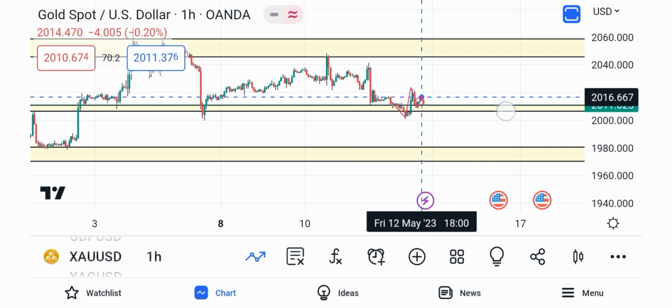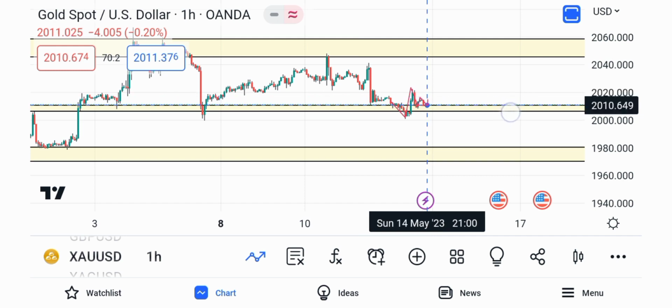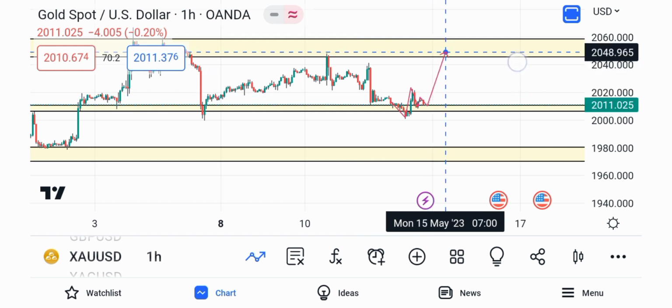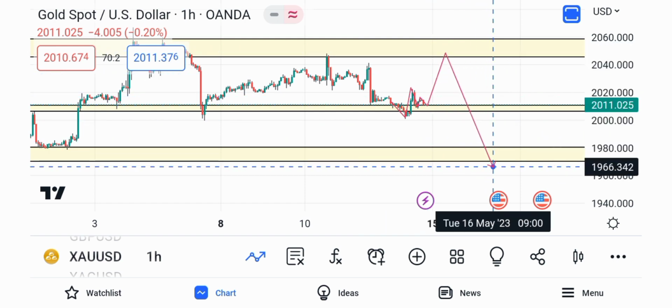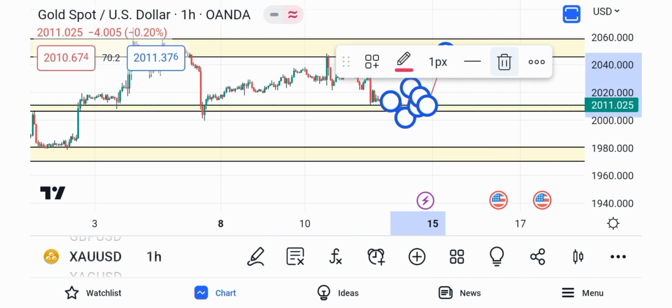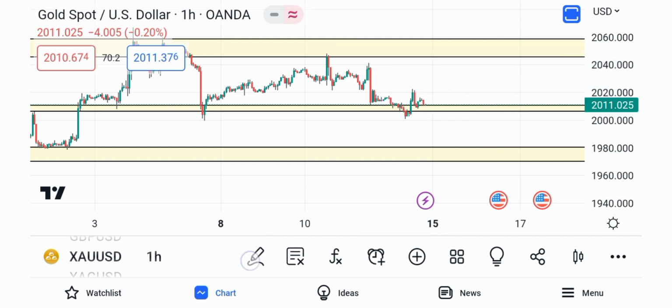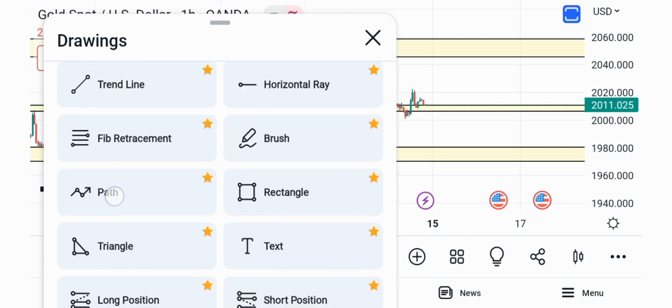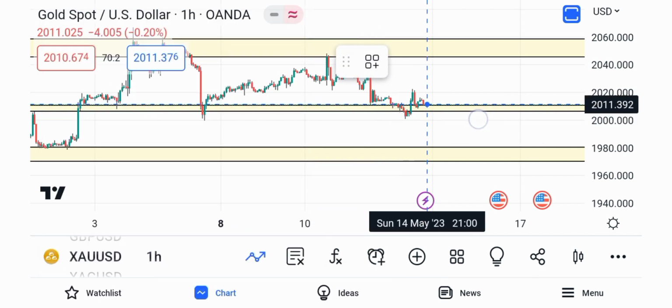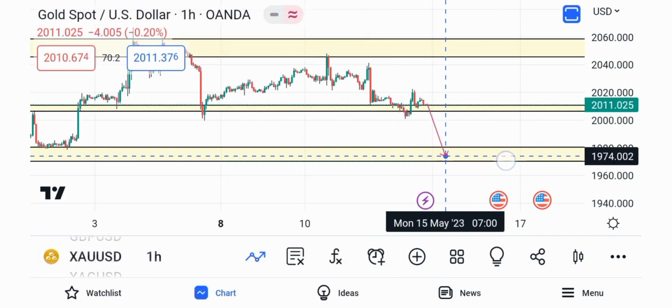Then you can see it's going up, then came to retest again. So it's likely that gold will go upwards, then come downwards. Or if gold doesn't do that, then gold can continue downwards to this very point.